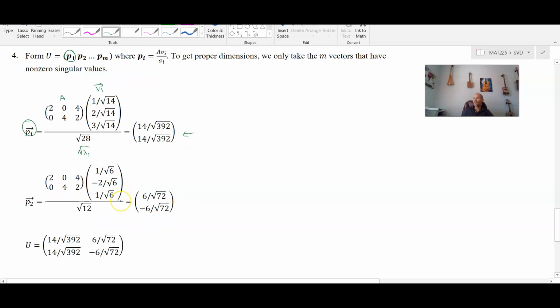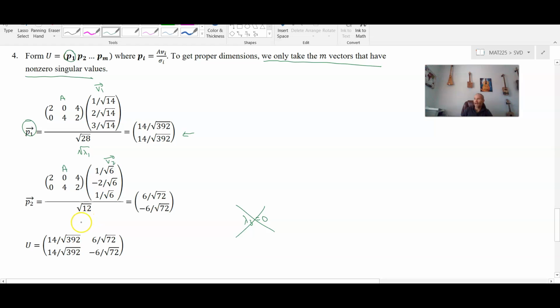I'm going to repeat the same thing because I have a second non-zero eigenvalue. Now, also point out here, we only take the m vectors that have non-zero singular values. So recall that lambda 3 is equal to 0, and so that is not going to constitute a column in the U matrix. So again, here is A. This is V2.